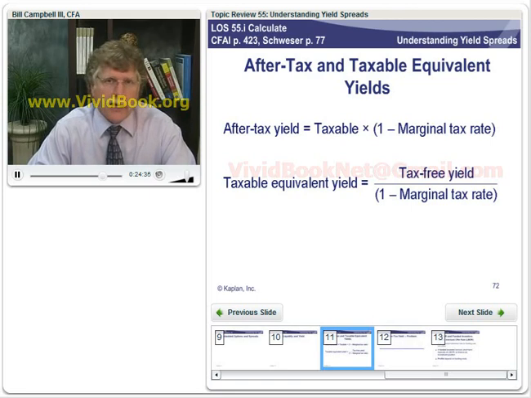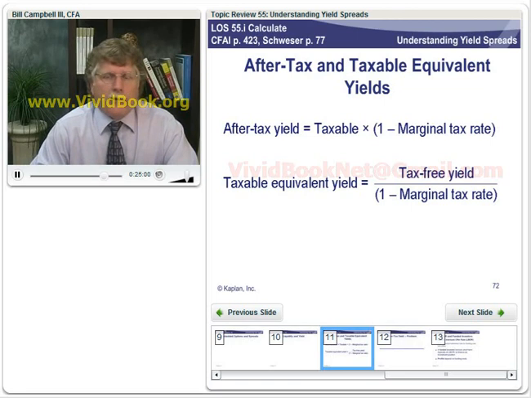Cross out that average rate, you're not going to use it. It's the marginal rate that matters. The rate that you have to pay on the next dollar that you earn. Take 1 minus the marginal rate, multiply that by the 6% taxable yield, that gives you the after-tax yield. How much money are you going to be able to put in your pocket after you pay the taxes on it?